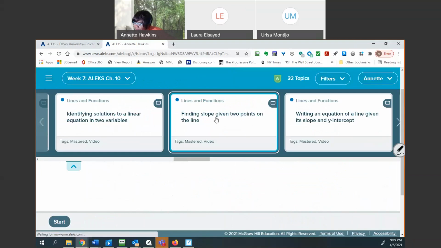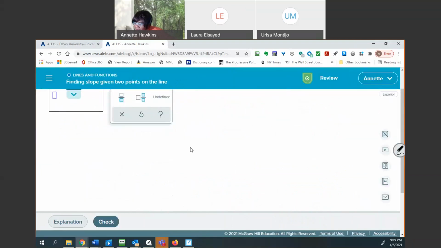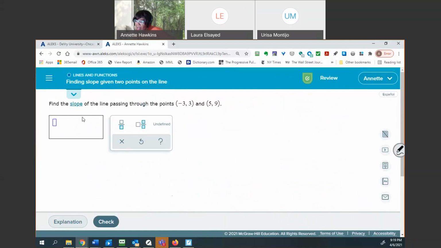Here we go. All right. Finding the slope given 2 points on the line. We're going to do the same thing we did before. This time we're going to use the formula. Slope is equal to y2 minus y1 over x2 minus x1.